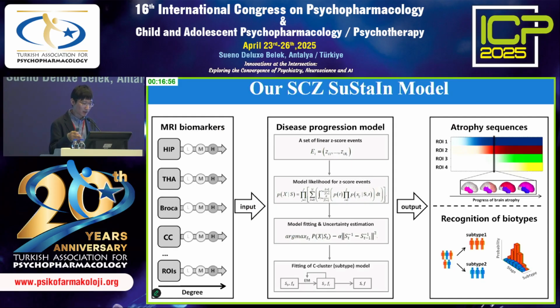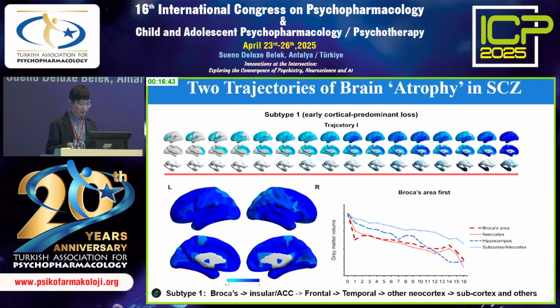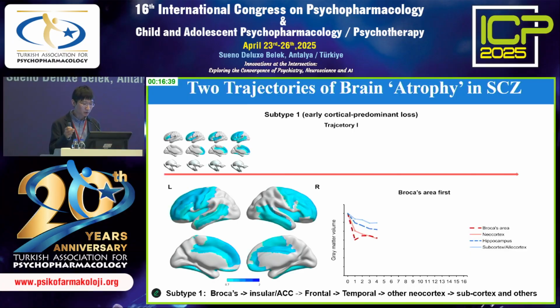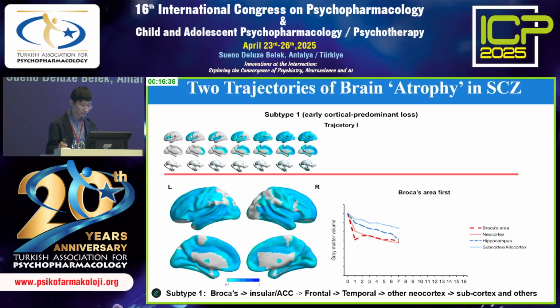Here is our schizophrenia SuStaIn model. I'm not going to talk more about the model details; I will focus on our model results today. We found two robust trajectories of brain atrophy in schizophrenia.